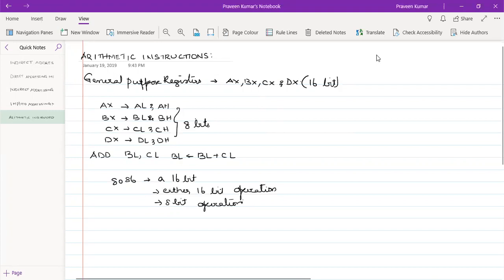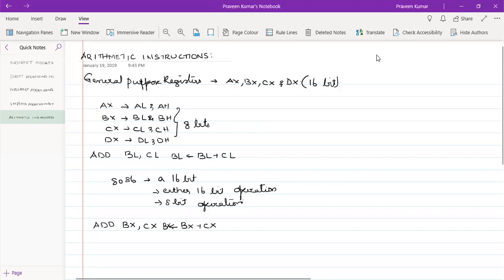For example, if I want to add two 16-bit numbers, then I'll say simply add BX, comma, CX. So what does this give? BX plus CX, as BX and CX are 16 bits, so the value will be placed in BX. So the value will be placed in the first register.